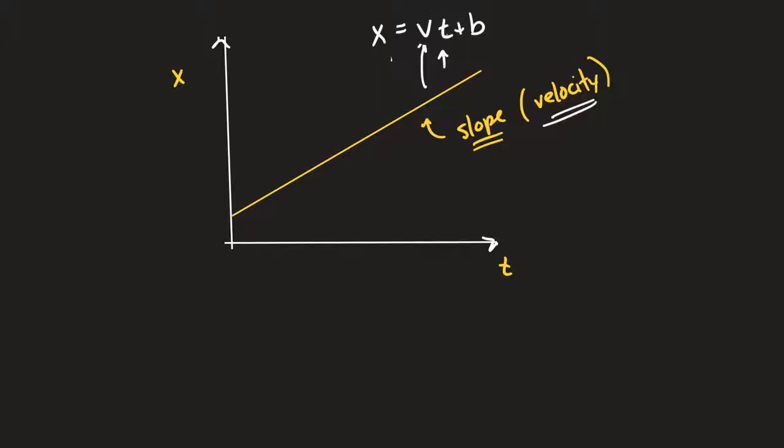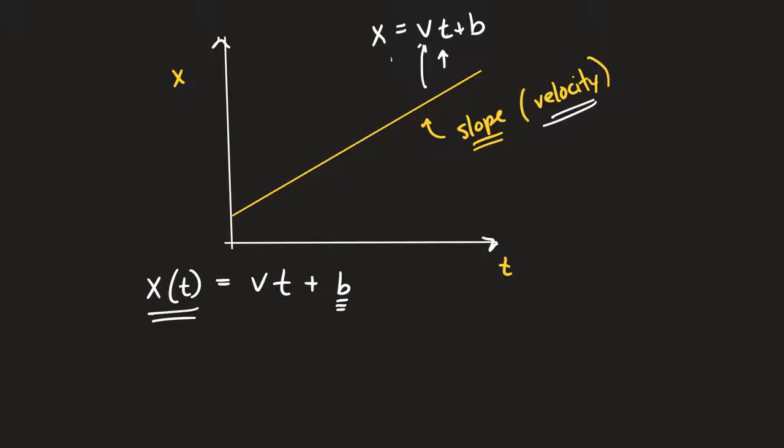So this relationship actually told us more. It gave us x as a function of t. This is function notation. You won't have to know that. I just like to say it out loud because it makes me feel smart. X as a function of t, which we find from looking at this, equals vt plus b.